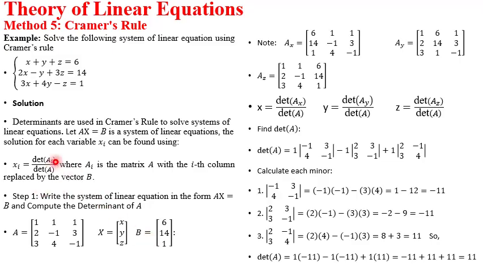So what Cramer's rule states, what we are trying to describe here basically, is that you see this is the matrix A, the main matrix component of the system of linear equations. So we then can find AX. And what is the difference between matrix A and matrix AX in this context?